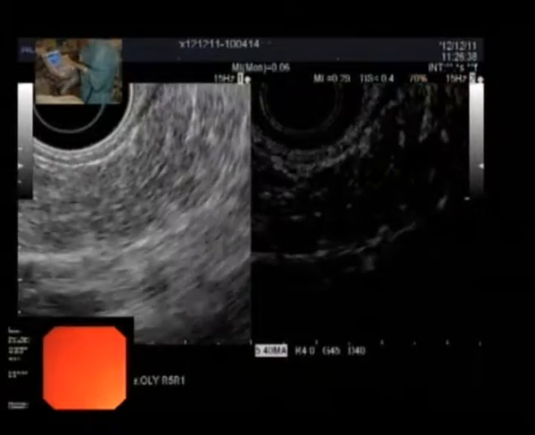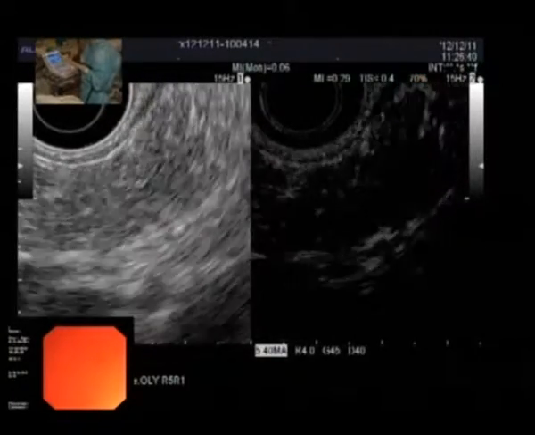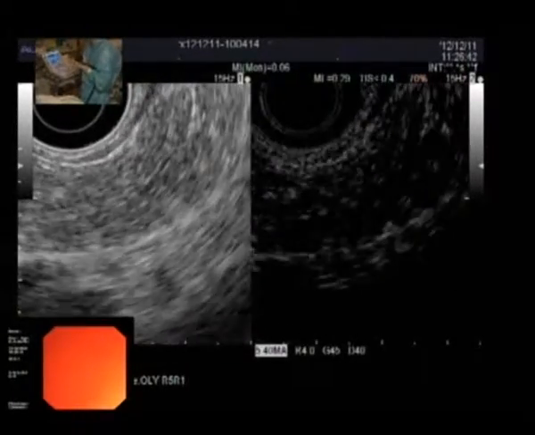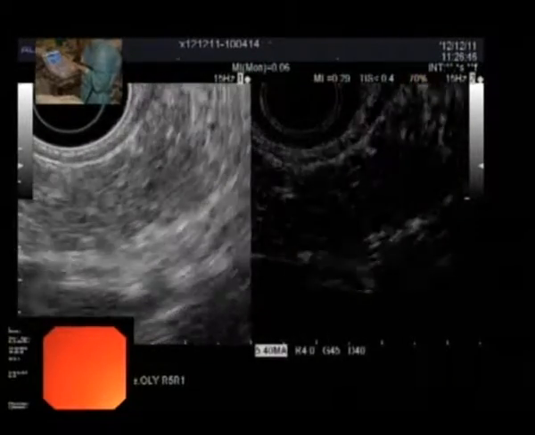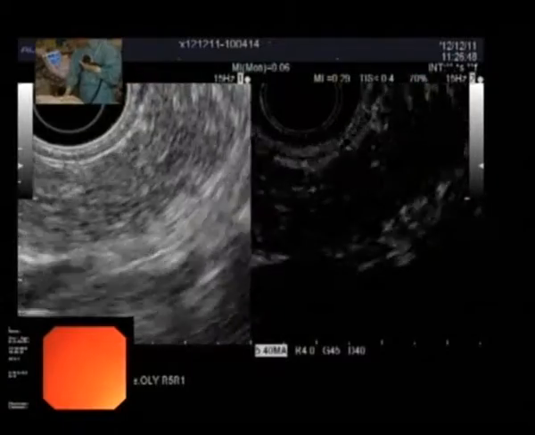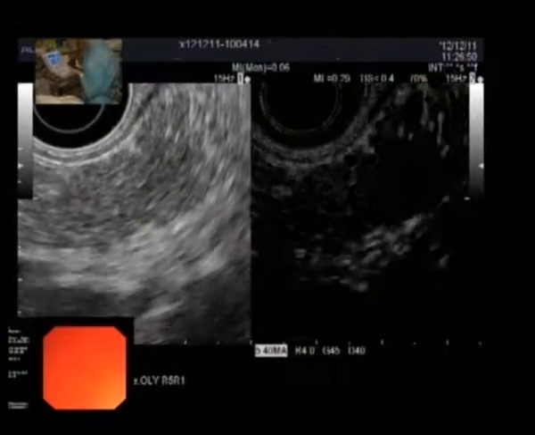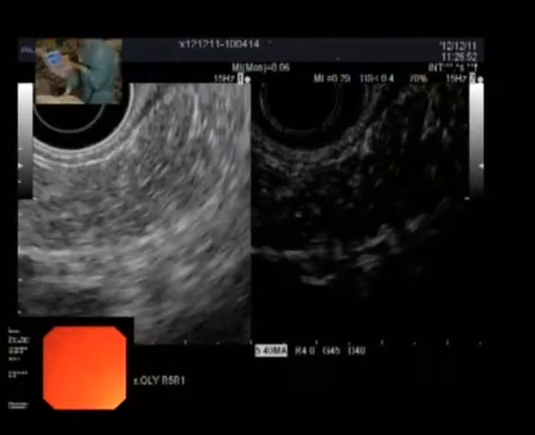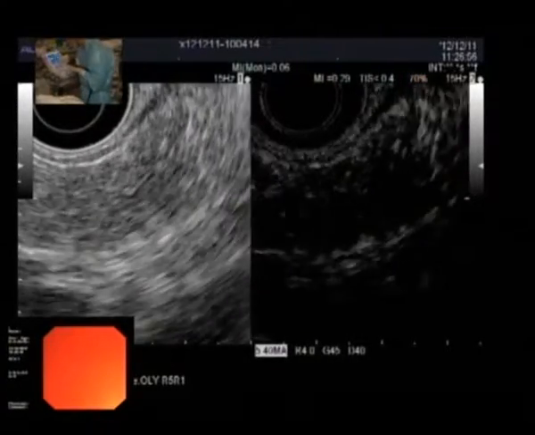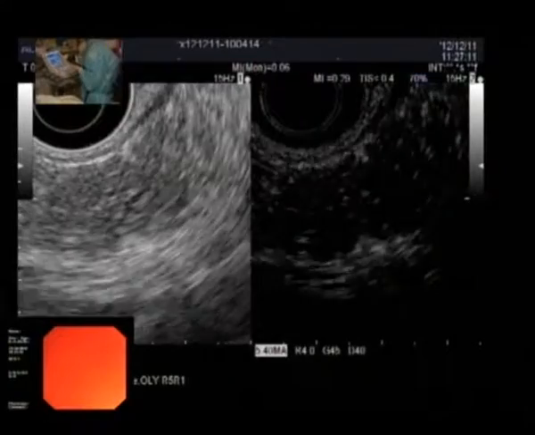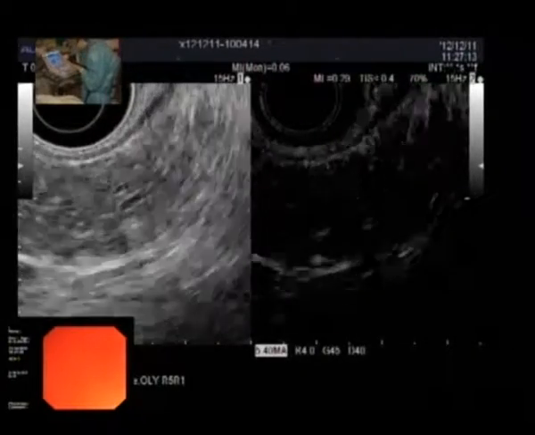Normal pancreas shows diffuse enhancement, but pancreatic cancer shows no enhancement or poor enhancement. On the other hand, neuroendocrine tumor shows very strong enhancement, so we can identify whether there is any lesion in this bulged pancreas. So contrast is just injected.